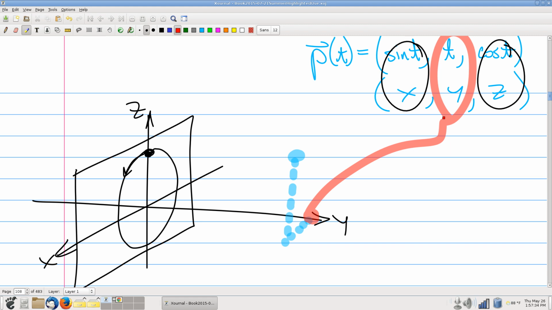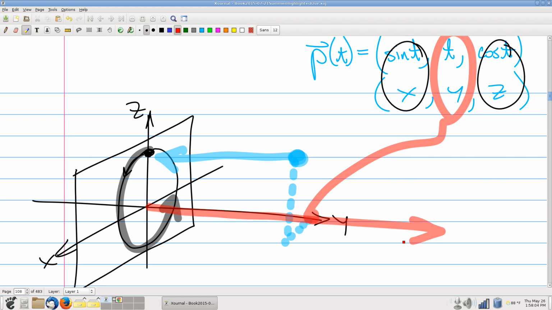So what we have then is a point. We're looking at these blue points. Oh, is this going to be the spiral one? Yep. We're looking at blue points whose sort of sideways shadow into the xz plane is going around in that circle, and then the red y-coordinate is just increasing at a constant rate like that.